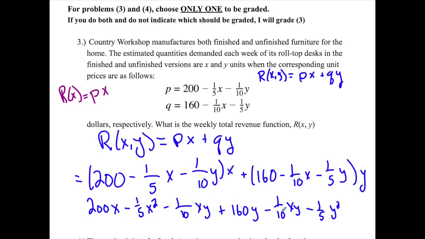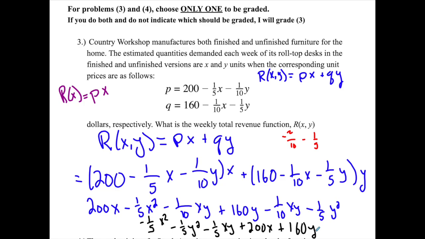Now when I combine like terms, the two 1/10s add up and become negative 2/10, which is negative 1/5. So just be careful there. You get negative 1/5 x squared minus 1/5 y squared minus 1/5 xy plus 200x plus 160y.